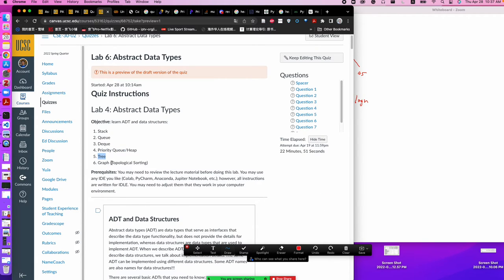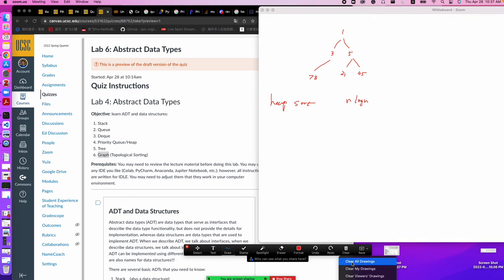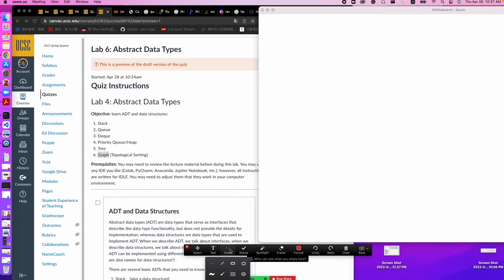Yeah, the other one is tree. I think we have seen trees or graphs a lot of times, and the most interesting topic is graph. Okay, let's start from here, right?